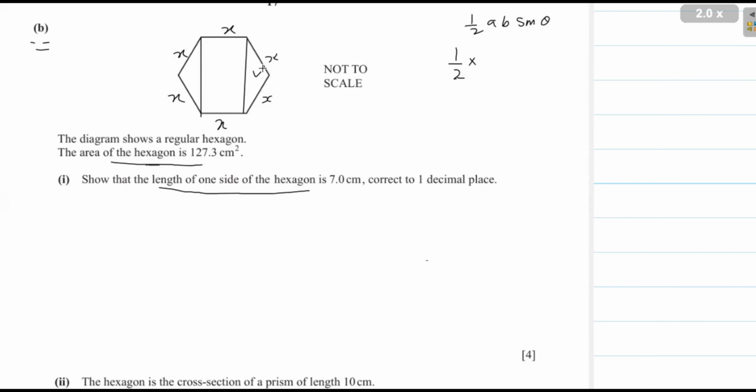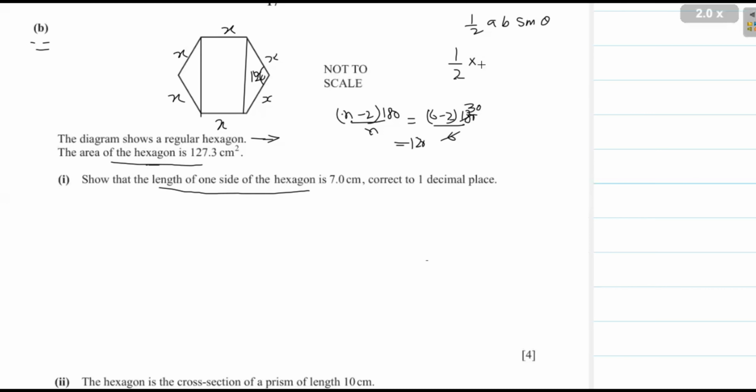The angle is this angle. We have to calculate firstly the angle of regular hexagon, which will be equal to n minus 2 into 180 over n. This will be equal to 6 minus 2 into 180 over 6, which is 120. This angle is 120 degree.